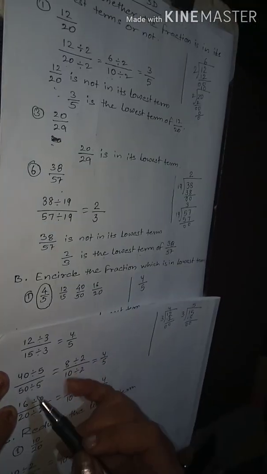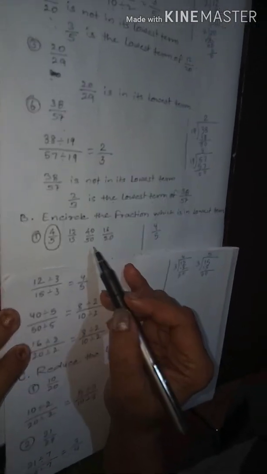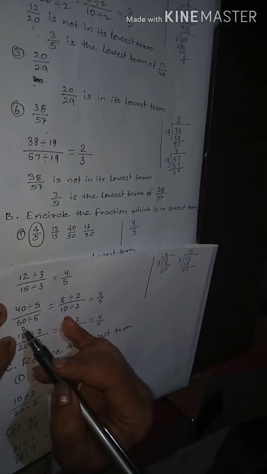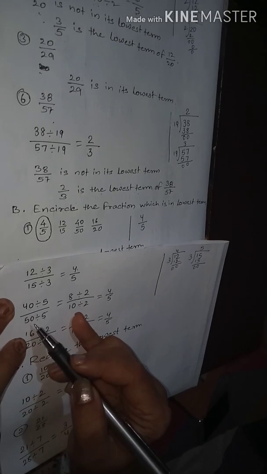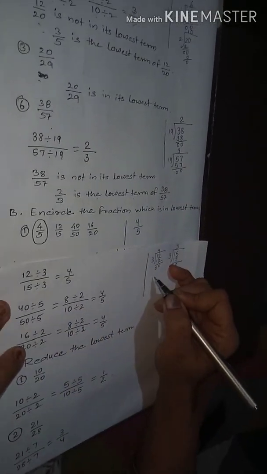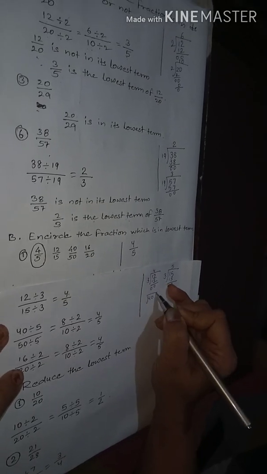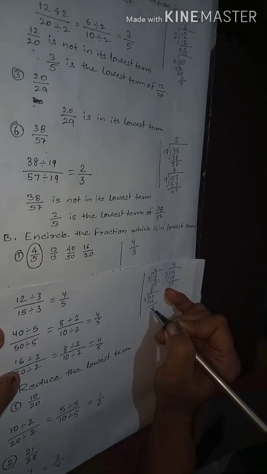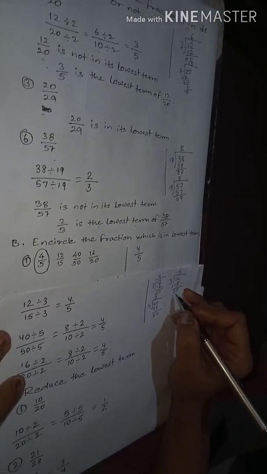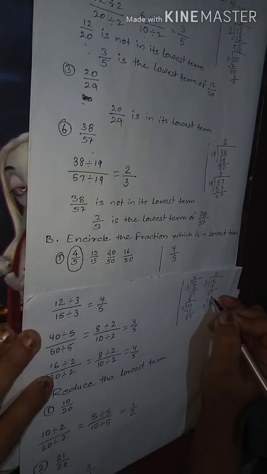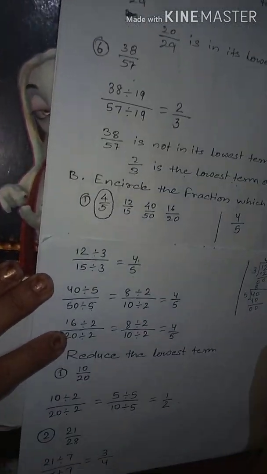Now the next fraction we will check is 40 by 50. So 40 divided by 5 and 50 divided by 5. This 40 and 50 are exactly divisible by 5. 40 divided by 5, 5 8s are 40. Now 50 divided by 5. 5 ones are 5. 5 minus 5 is 0.